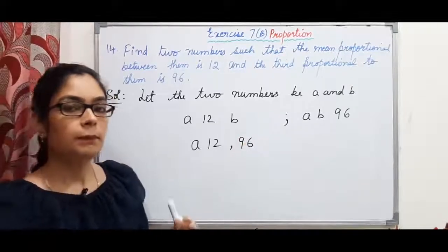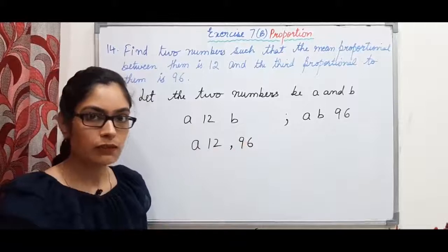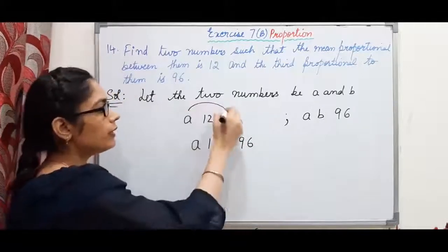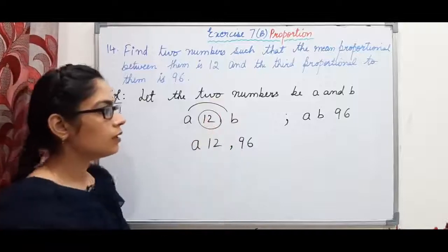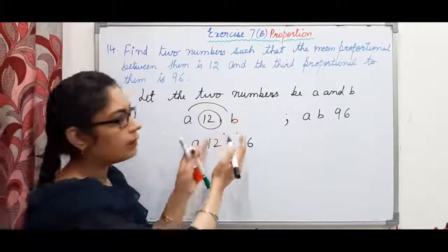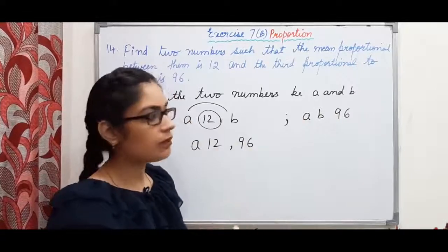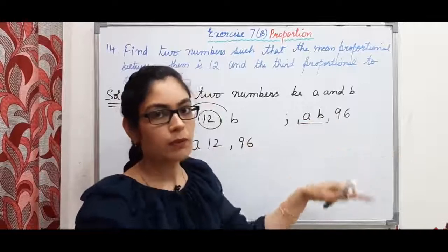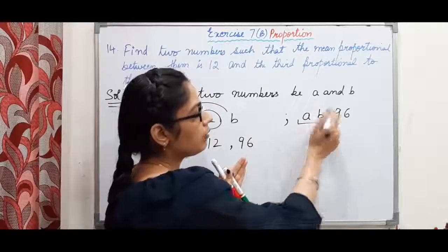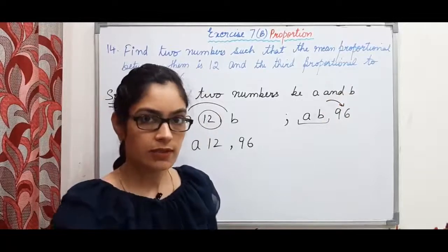These are two different equations. For those two numbers, if we take their mean proportional, then it is 12. And this is not related to that; it is another, different piece of information. If we write them in continued proportion, their third proportional is coming as 96.